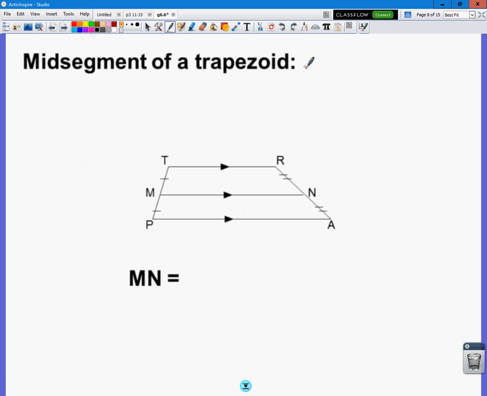A mid-segment of a trapezoid is a segment that connects the midpoints of the legs.